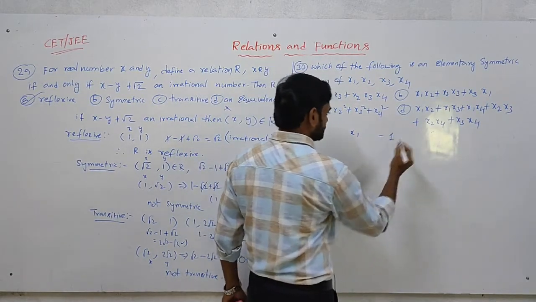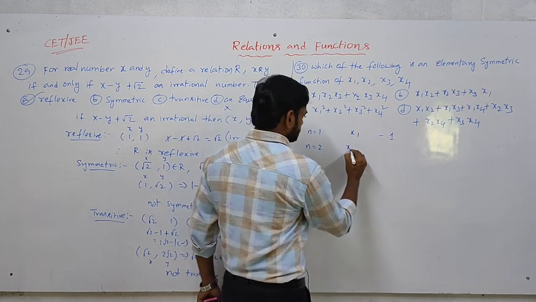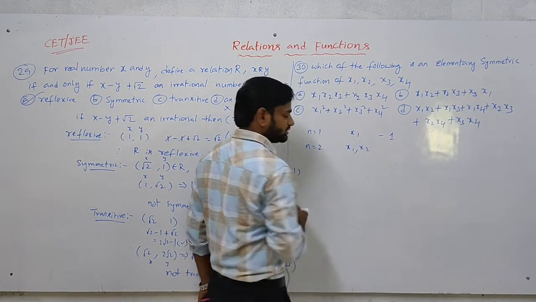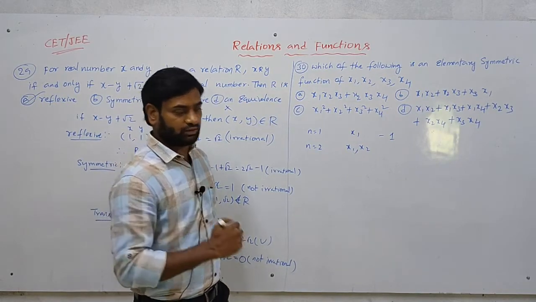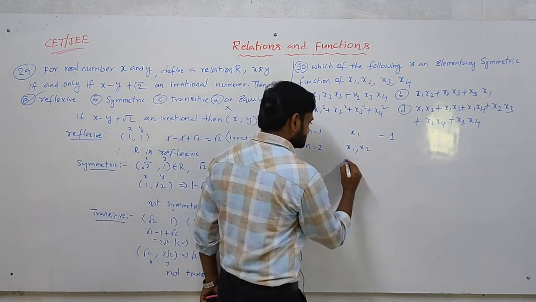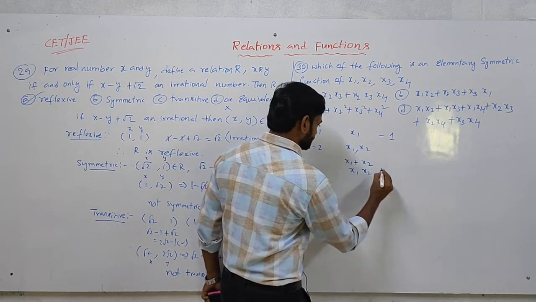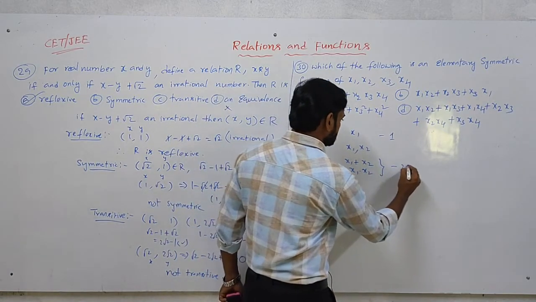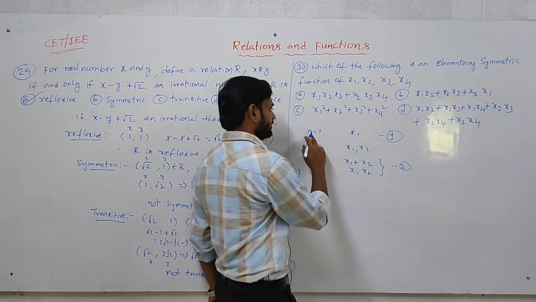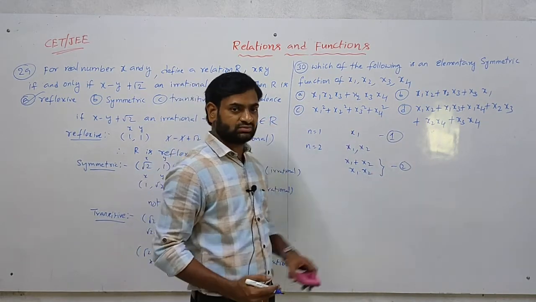If n equals 2, that is x1, x2, I am taking. Now two symmetric functions we can form using x1, x2: x1 plus x2 and x1 into x2. If you take 1, that is one function; if you take 2, two symmetric functions.